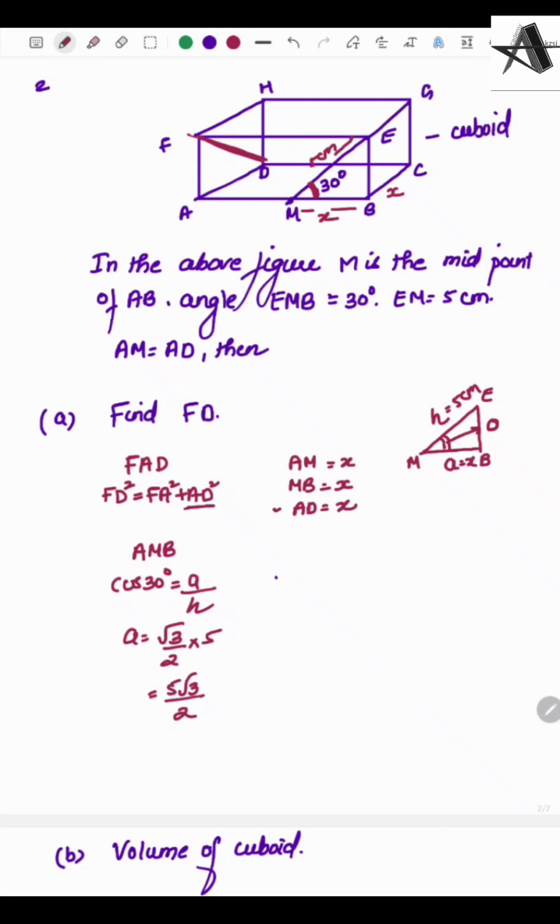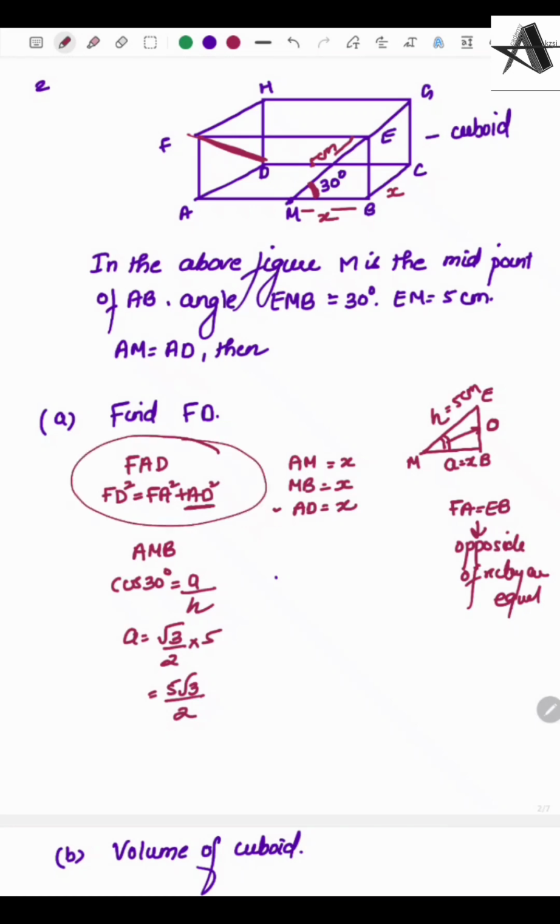We got AD, right? Now we have to calculate FA. How can I calculate FA? FA is equal to EB, because opposite sides of a rectangle are equal. That was our initial thing to get the answer, right? I have calculated AD. Adjacent, that is X, we have calculated as 5 root 3 over 2.